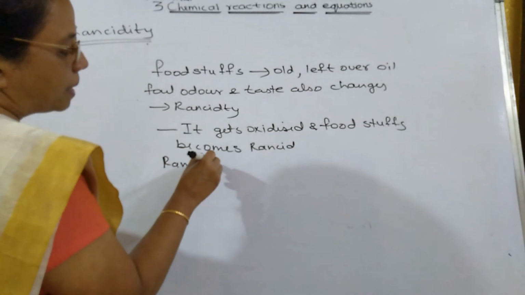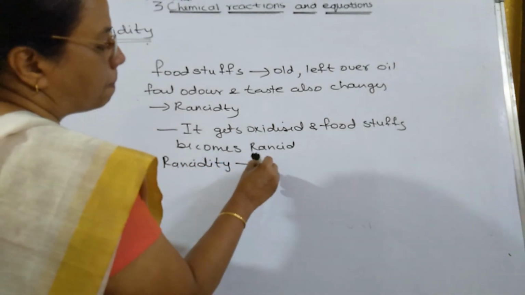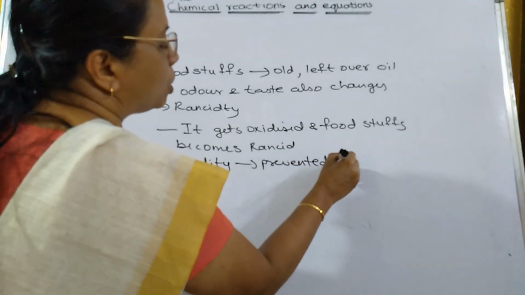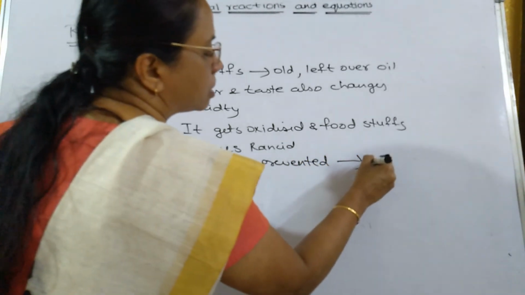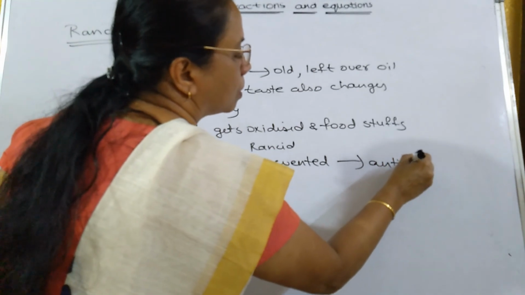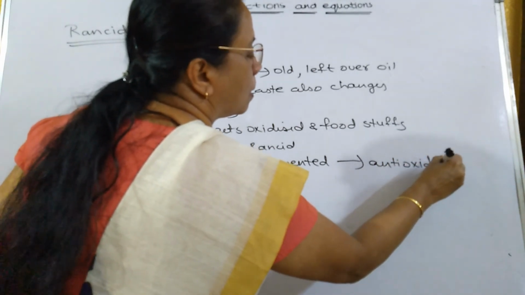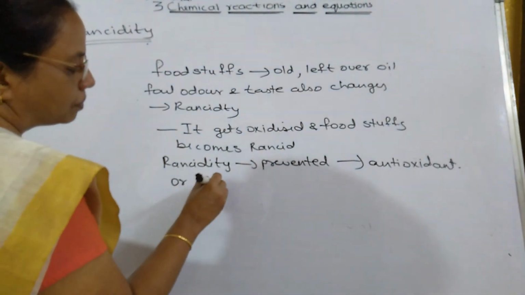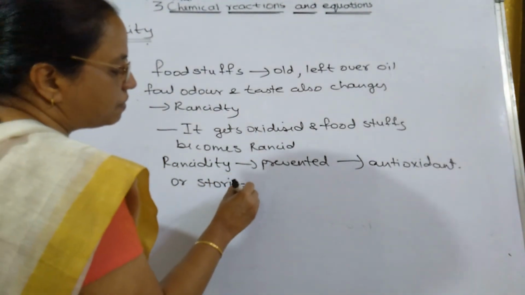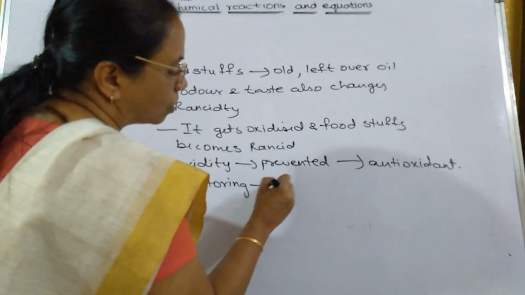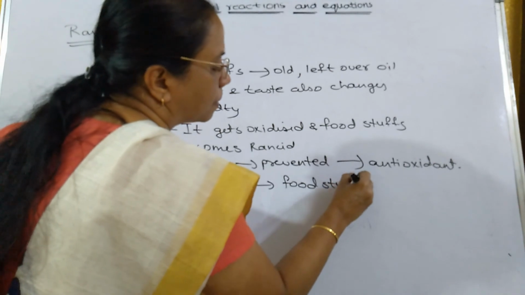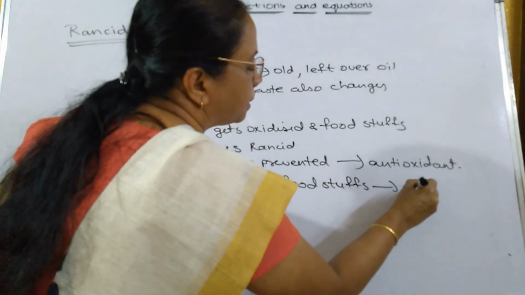Rancidity can be prevented by using antioxidant, or storing the foodstuffs in airtight container.